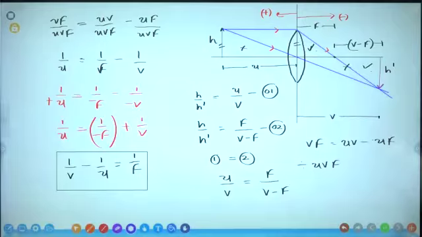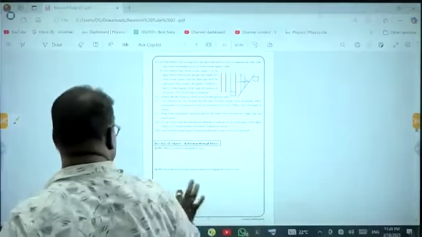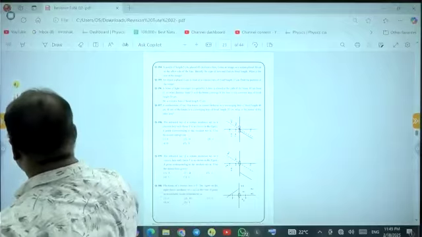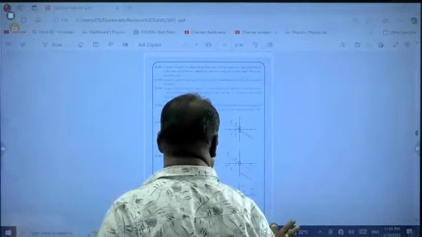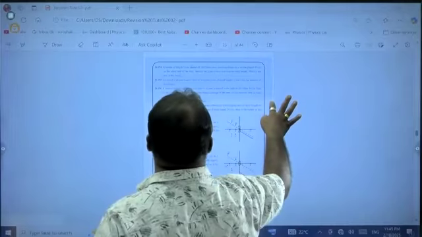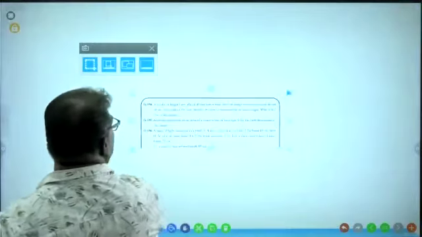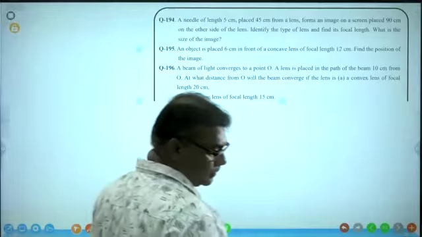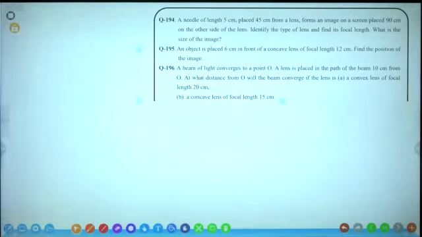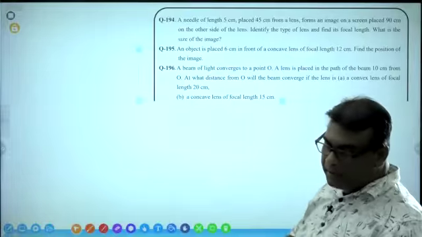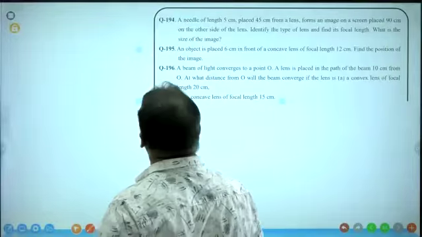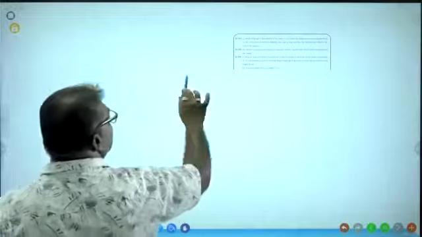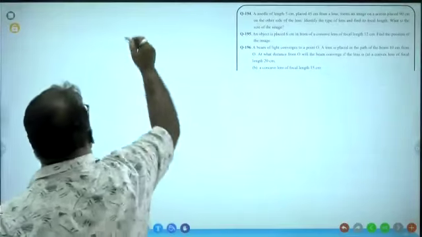Okay, 194. A needle of length 5 centimeter placed 45 centimeter from a lens. "45 centimeter from a lens," like this.